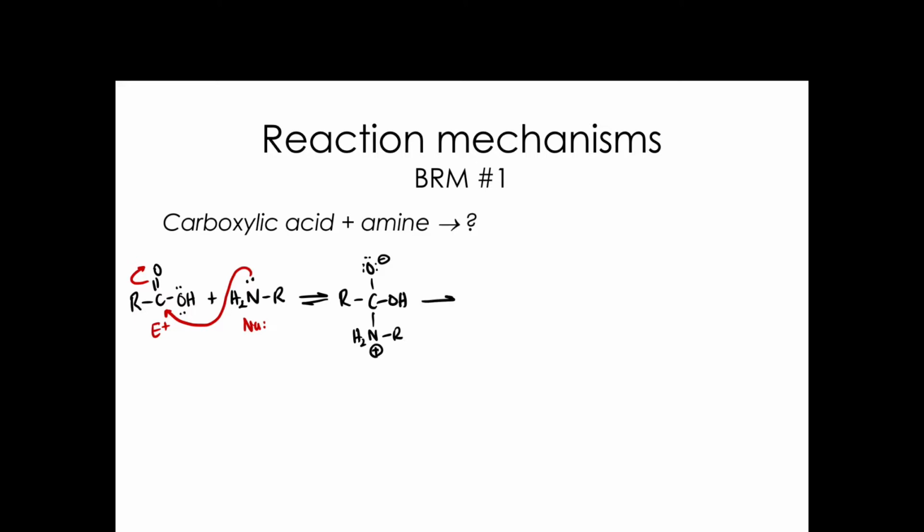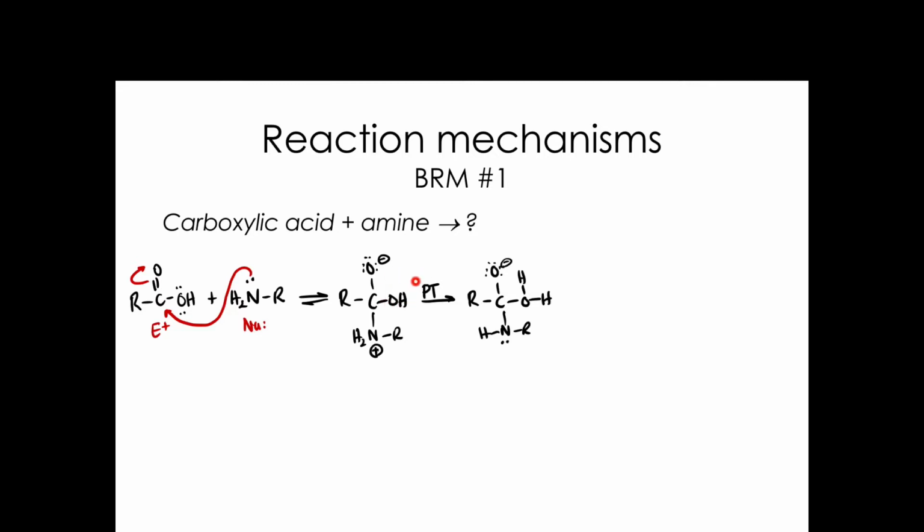Now, commonly what we'll see is students will write a PT for proton transfer because they recognize that we need to change who is the good leaving group here in order to generate an amide. So we need to deprotonate this protonated nitrogen over here, the protonated amine, because that is the best leaving group in this tetrahedral intermediate.